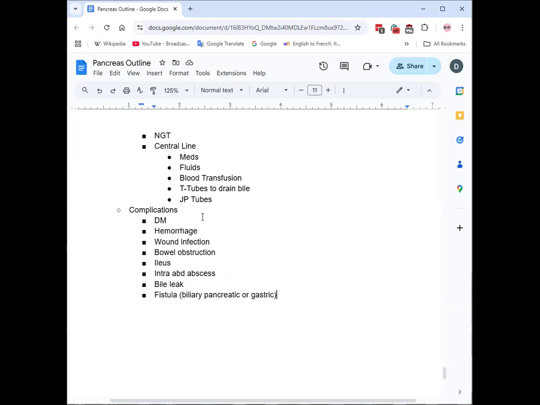The ileus, which I guess we learned is the hypoactive bowel movement, can of course lead to bowel obstruction. So that's why those are there. Abscesses, leaking of bile, more fistulas, so lots of crazy stuff. Your job is just to monitor for stability and make sure they don't go into shock. Yeah, pancreatic cancer is pretty rough.